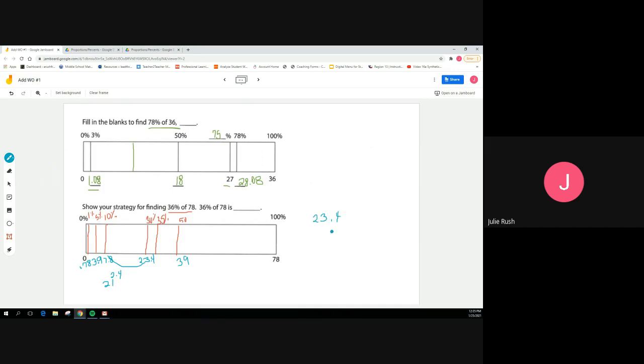I have 0.78 as my 1. And then I have 3.9. And if I add all those up, our final answer is 28.08. All right, does anybody notice anything?